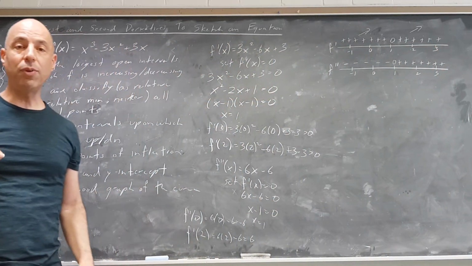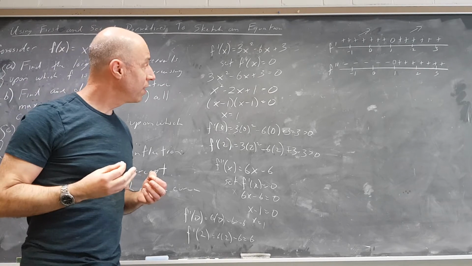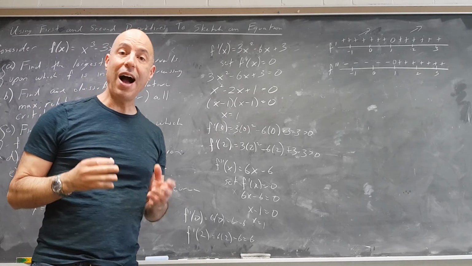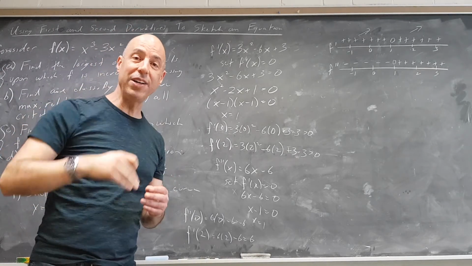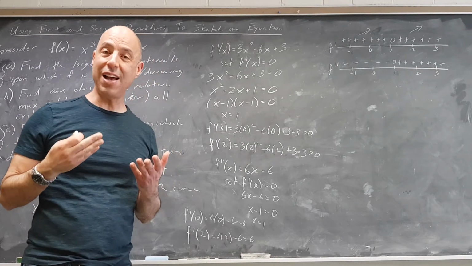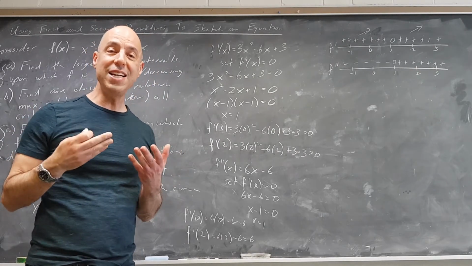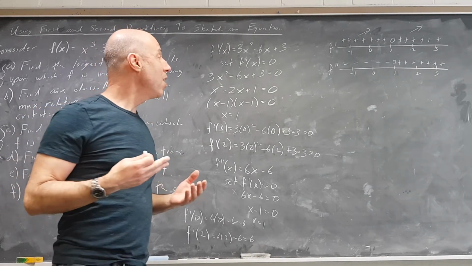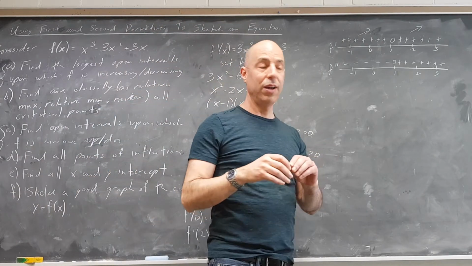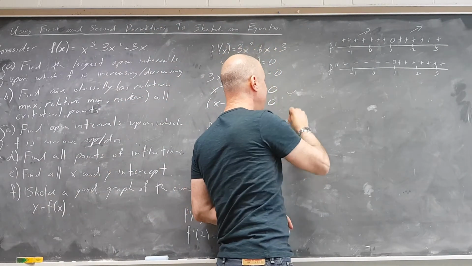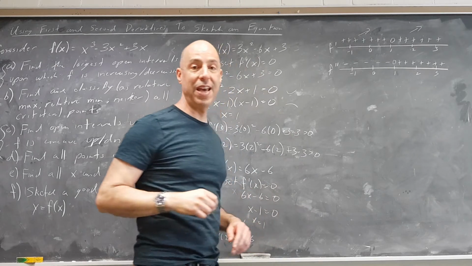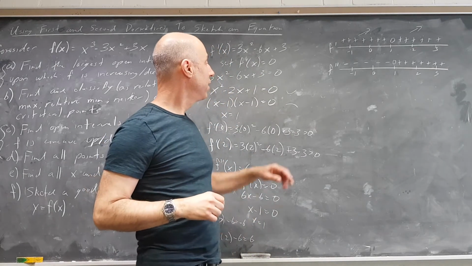Now I want symbols above my second derivative sign chart. I can't use the up arrows and the down arrows because the second derivative doesn't tell us about increasing and decreasing. I need some other kind of symbol. What I'm going to use are symbols for concave up and for concave down.